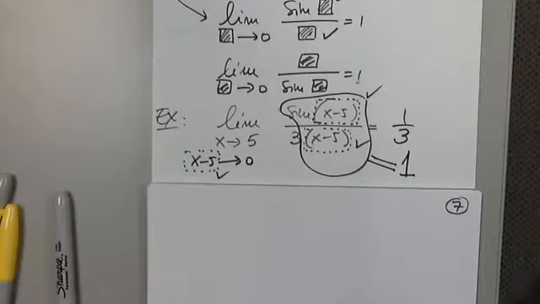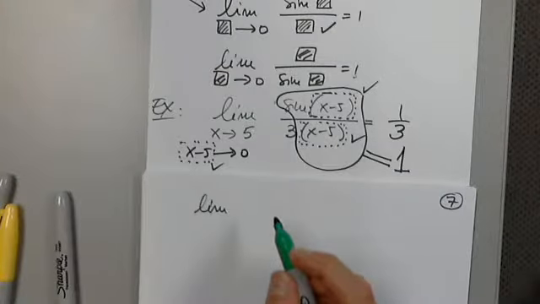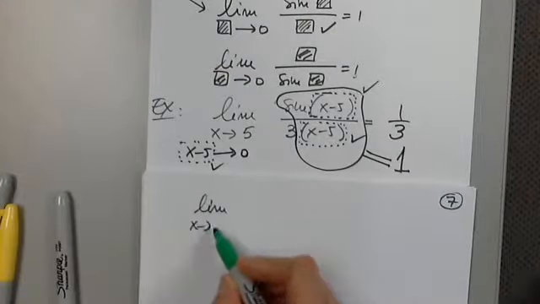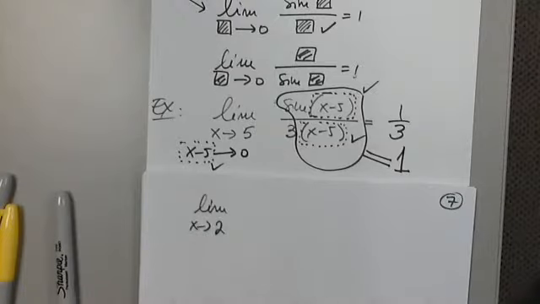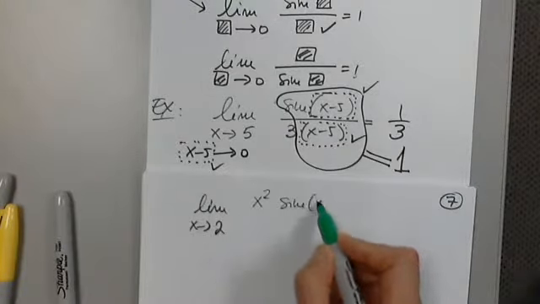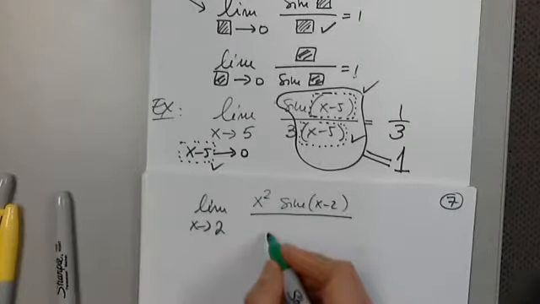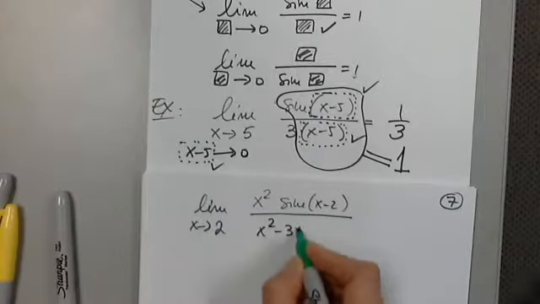Here's another example for the same thing. Let's say we have the limit as x approaches 2 of x squared sine of x minus 2, divided by x squared minus 3x plus 2.